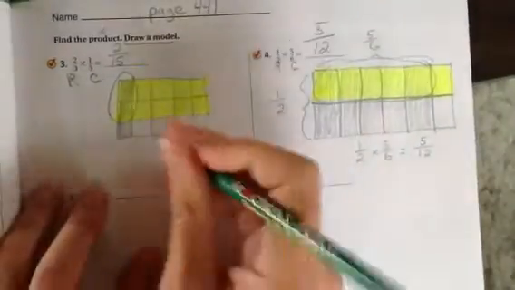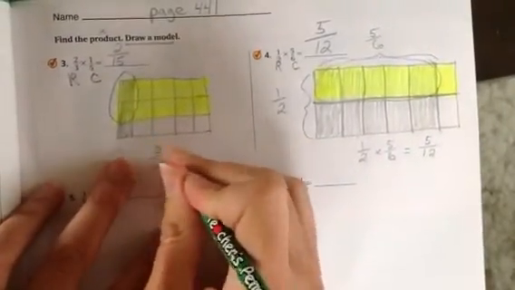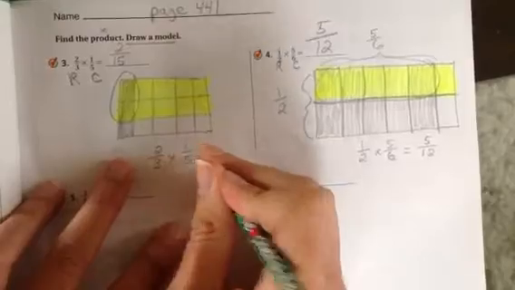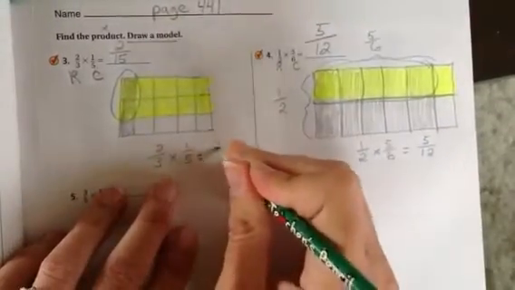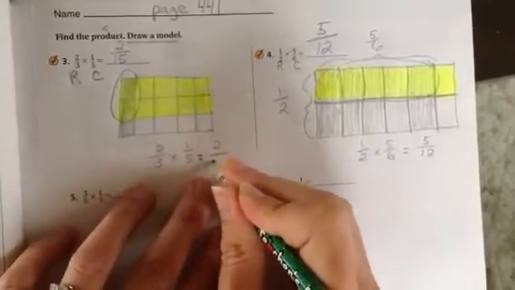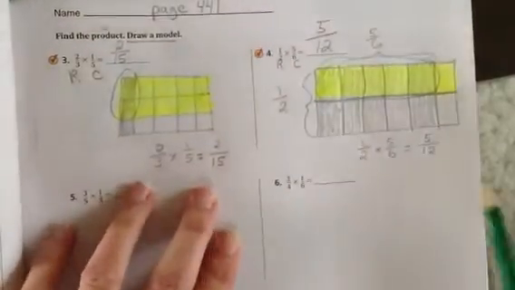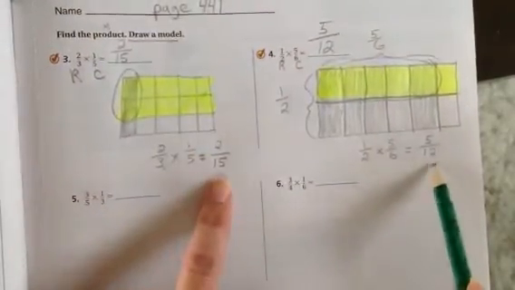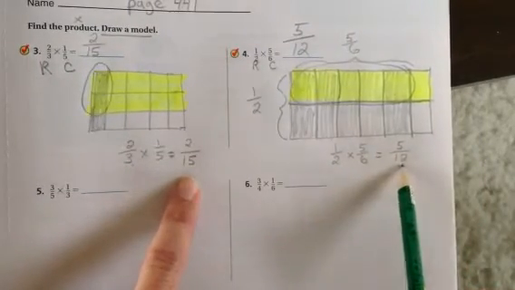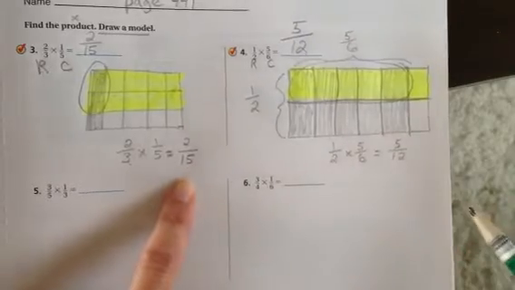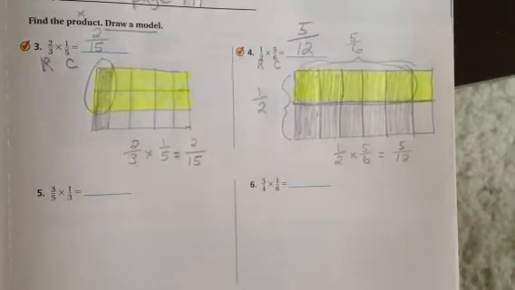If we were to go back here, we'd have 2/3 times 1/5 equals 2 times 1 is 2, 3 times 5 is 15. And notice I didn't simplify these because I don't have to. These are already in the simplest form.